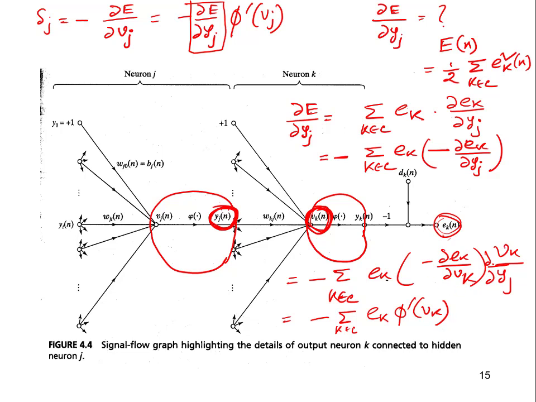And this portion can be rewritten as W of Kj, because Vk is a representation of the sum of W of Kj times Yj, where k goes from 0 to m.